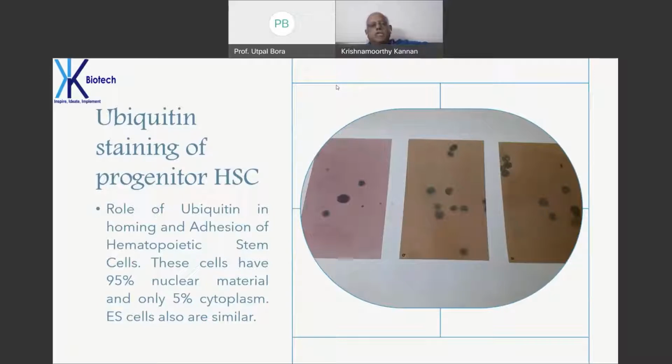So in those days, I was interested in a molecule called ubiquitin, because ubiquitin had become very famous because proteins have a shelf life. So proteins are created, they do their function, they should be destroyed. And the destruction mechanism was shown to be ATP dependent, and ubiquitin was involved. That was the very classical finding. So there is always a turnover which is happening.